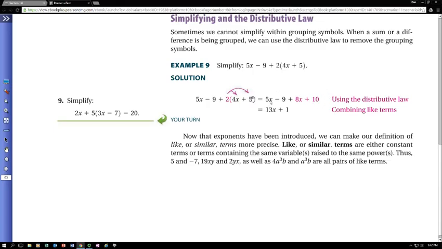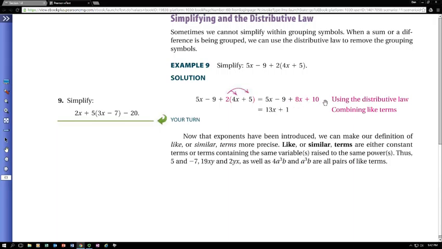Now I have all addition, really, and I change this. If I asked you for the terms of this expression right here, the terms would be 5x, negative 9, 8x, and 10. They always express terms in addition, so why not change it to an addition?